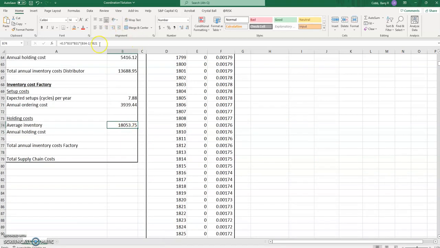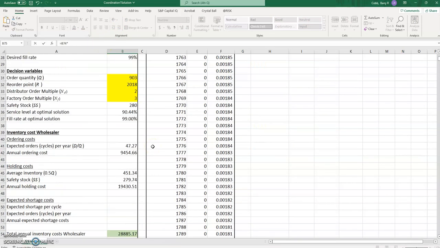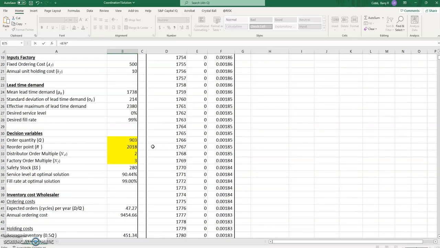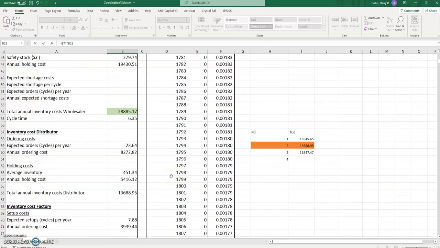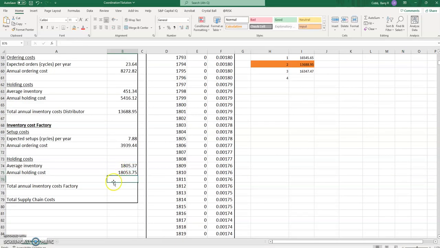And let's do that here. We'll multiply the inventory separately times the holding cost. And so the total inventory costs for the factory are the ordering cost plus the holding cost.